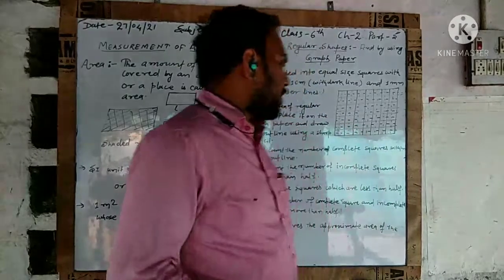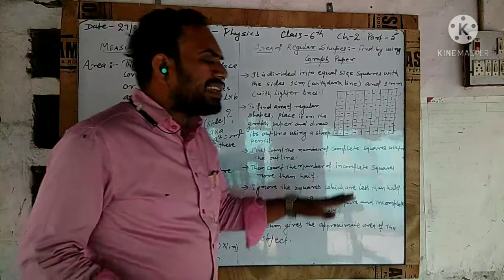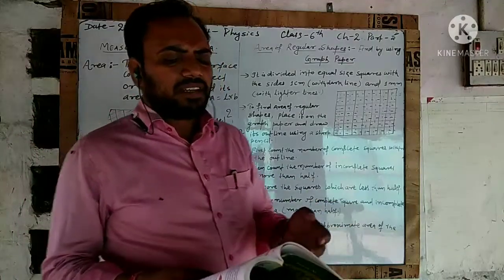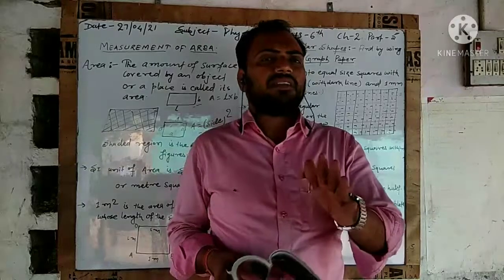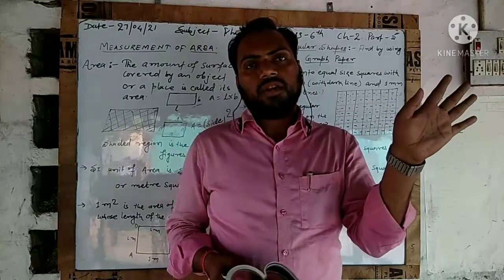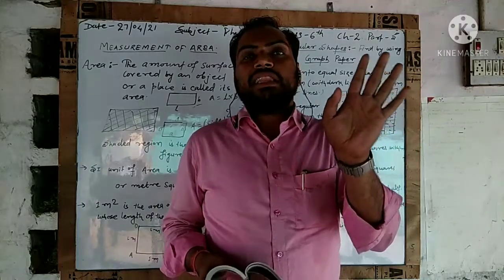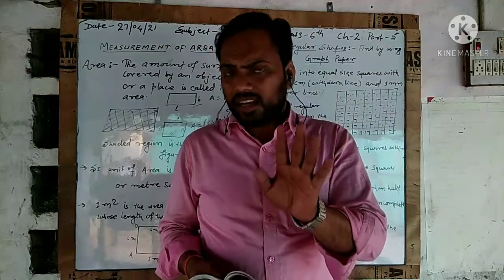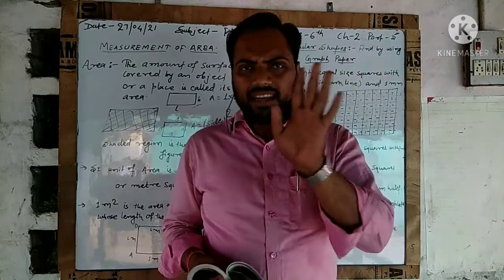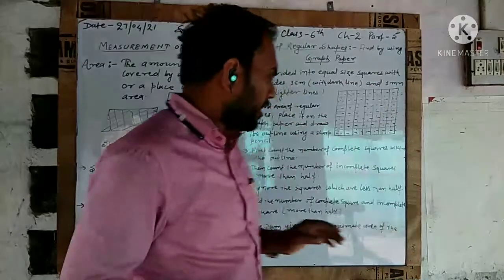Now the third point, ignore the squares which are less than half. You will observe that a square is less than half, and by observation you have to remove it. You do not have to count those squares which are present within the outline but less than half. You simply remove them.